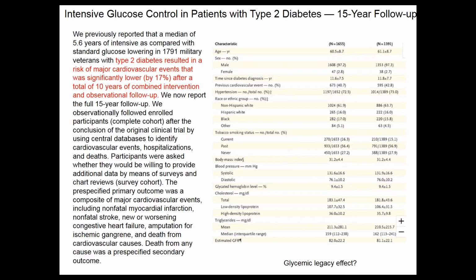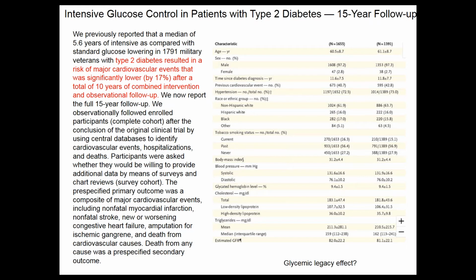Now, you'll have to recall at the beginning of the 21st century, the drugs that were given to these poor type 2 diabetes patients were mostly sulfonylureas, with metformin high on the list. Some of them got pioglitazone, and then those that needed it also got insulin, and the intensive group got just more of these agents than the usual care group.